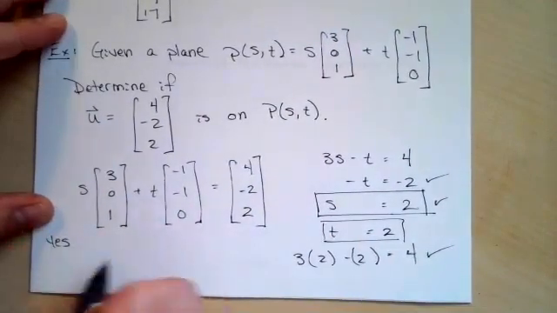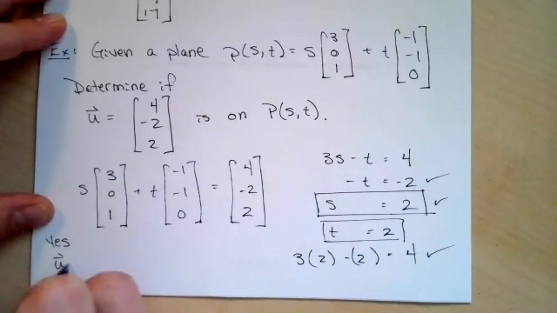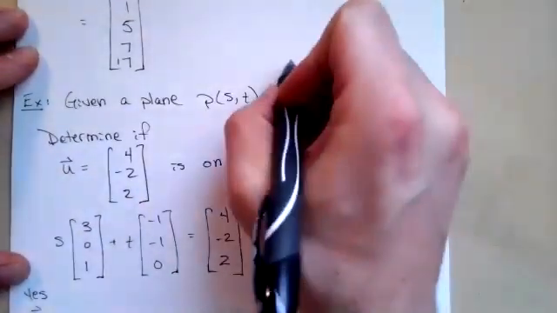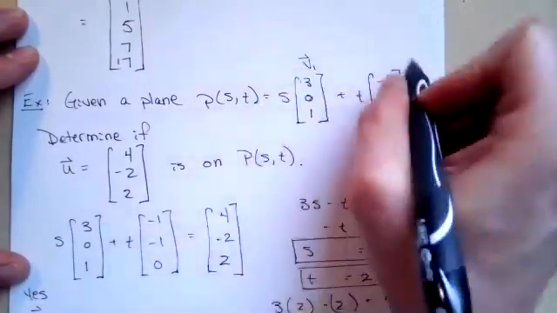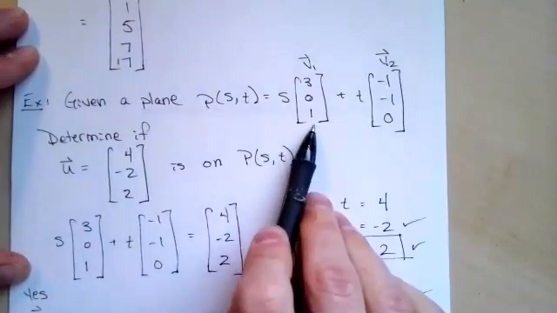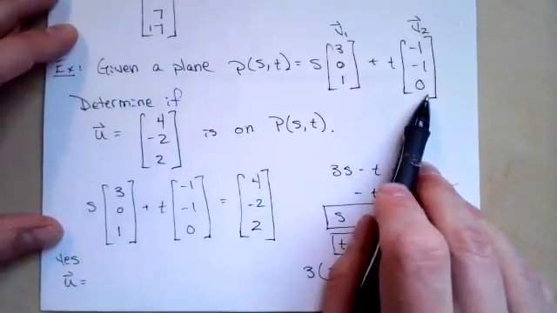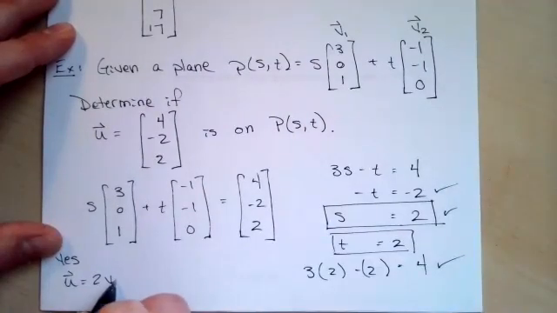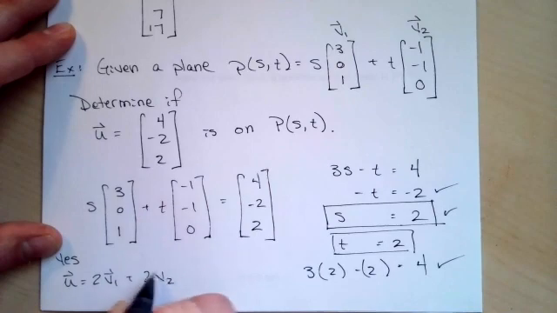u is on the plane, and specifically u is going to be, let's call our directional vectors something. Let's call this one v1 and v2. So this was our first directional vector, our second directional vector, and we know that u is now going to be 2 times v1 plus 2 times v2.